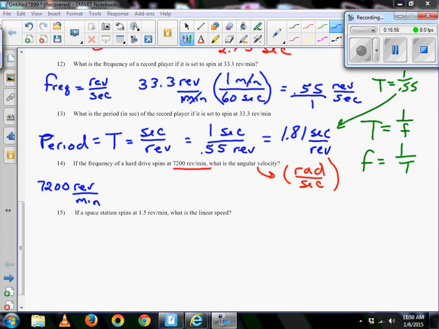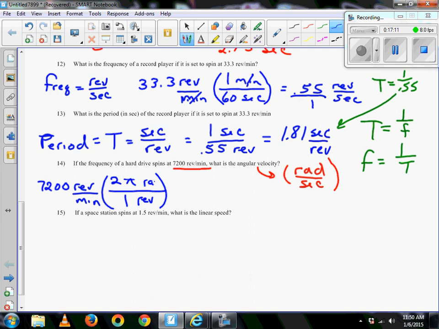Okay, so if I want to find out the angular velocity in radians per second, I got revolutions on top, so let's get that on the bottom here so it cancels out. How many radians were in 1 revolution? 2 pi. So 2 pi r is the same thing. R is the same thing as radians. Now I got the revolutions to cancel out. I got to get the minutes to cancel out. They're on the bottom.